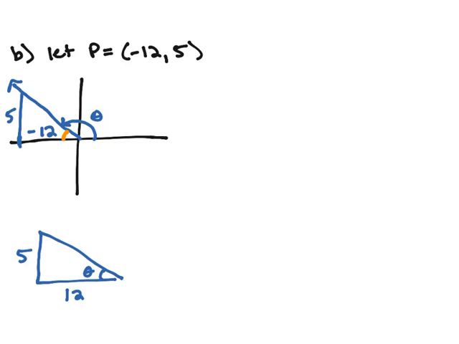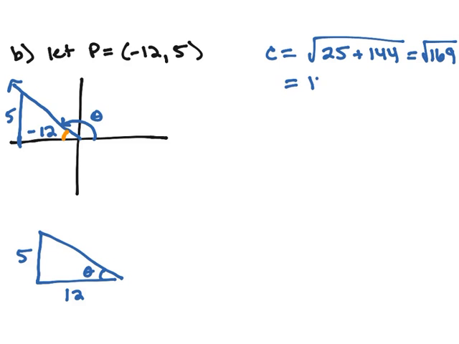So to find the hypotenuse, we're going to say c equals the square root of a squared plus b squared. 5 squared is 25. 12 squared is 144. That gives me the square root of 169, which is a perfect square. It's 13.